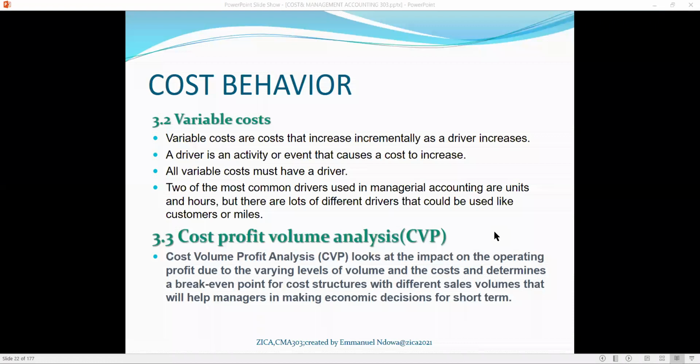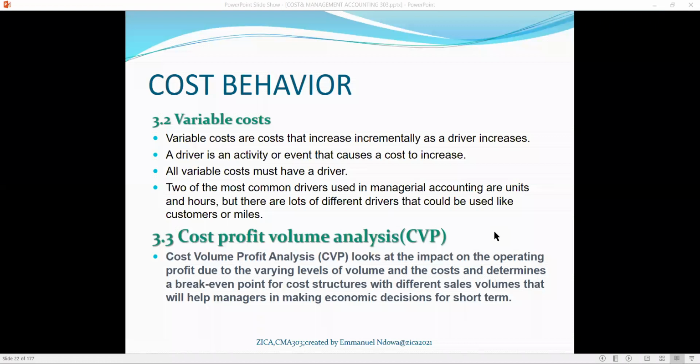So you can see that the management is interested in the behavior of fixed costs and variable costs in order to determine their profits, and to determine where they are breaking even.